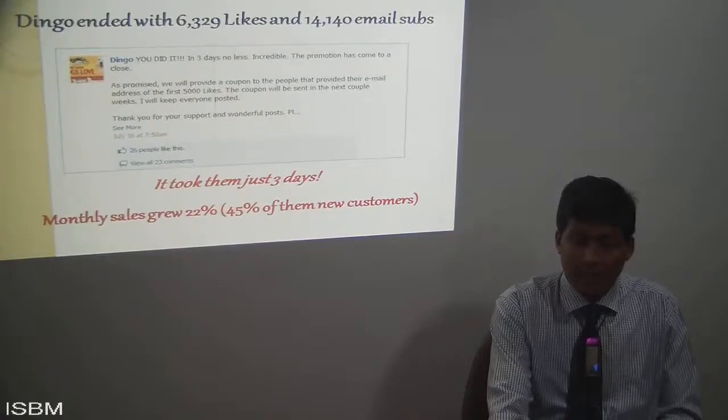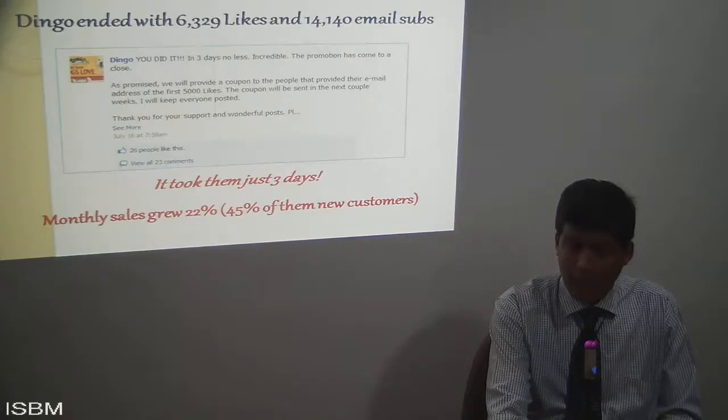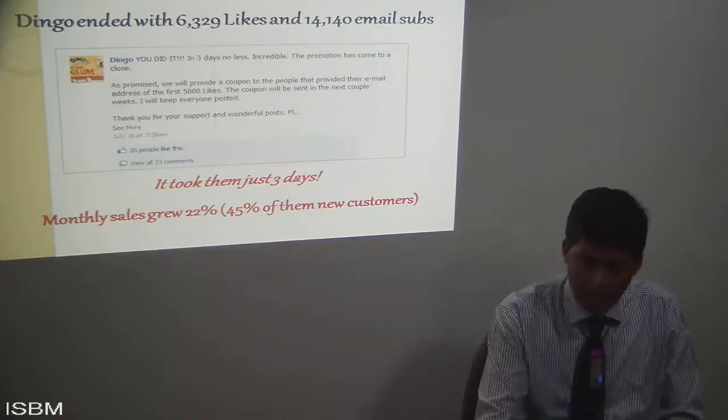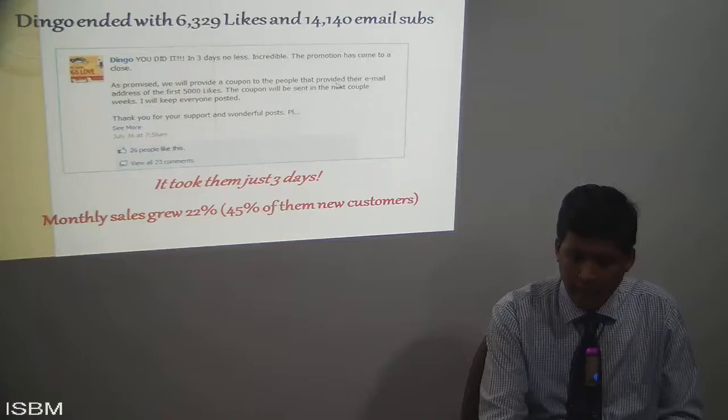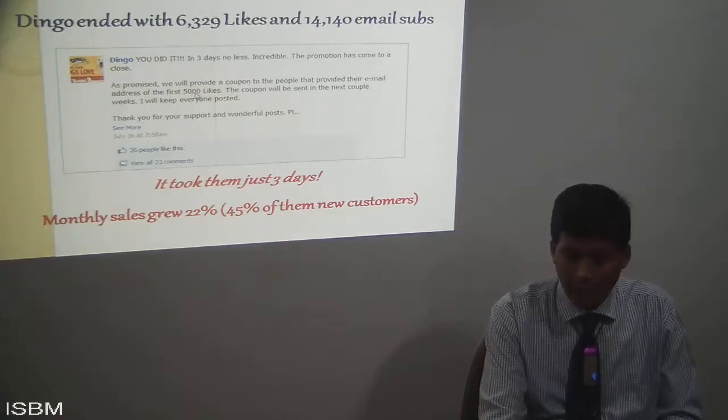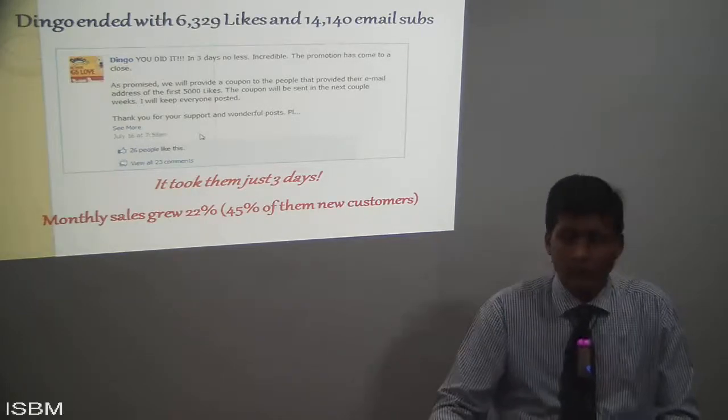They have kept the upper ceiling of 5,000 gift coupons. And as promised, that's also a promise made in the email: as promised, we will provide a coupon to the people that provided email addresses of their first 5,000 likes. The coupon will be sent in the next couple of weeks. I will keep everyone posted. Thank you for your support and wonderful posts.